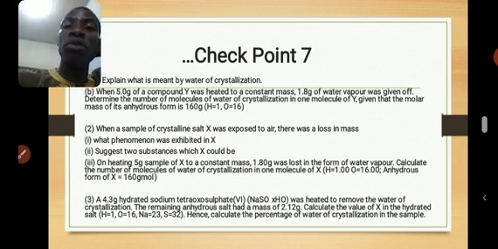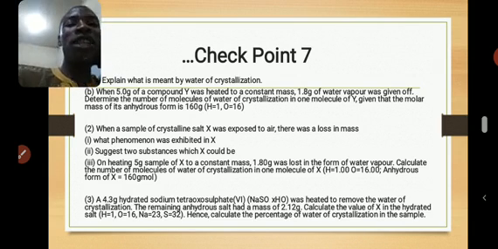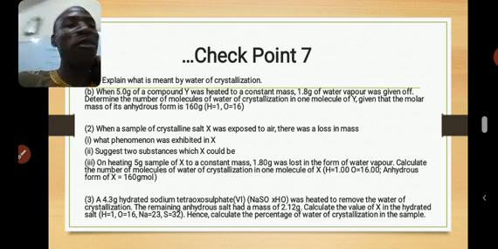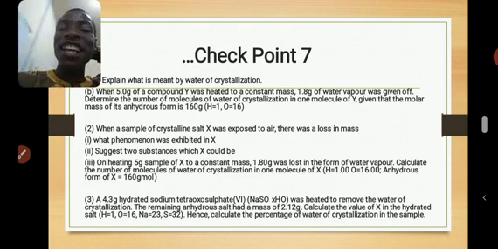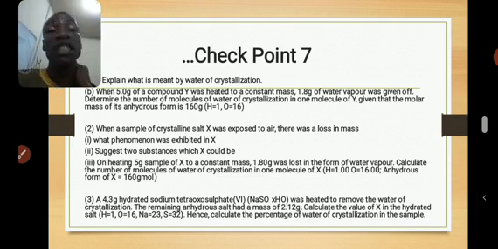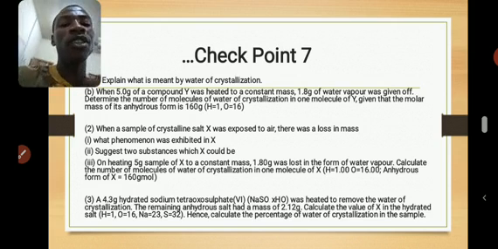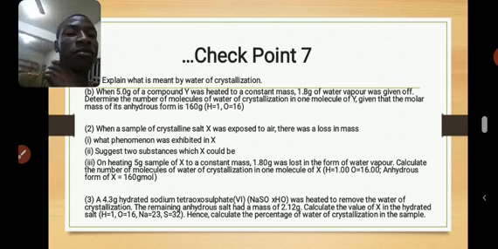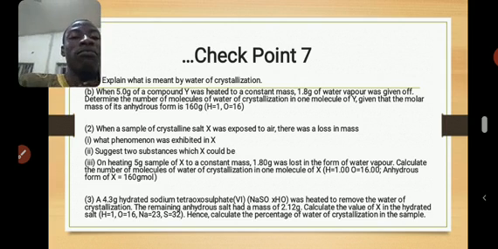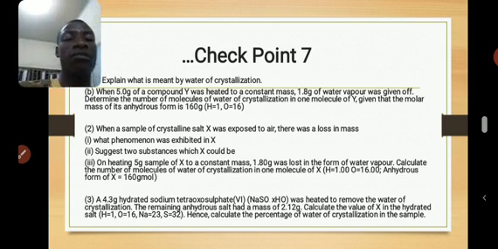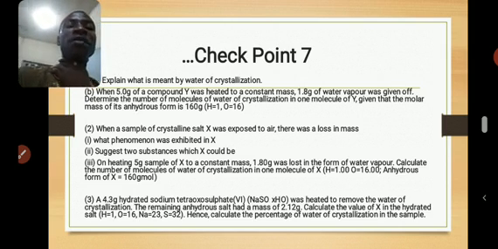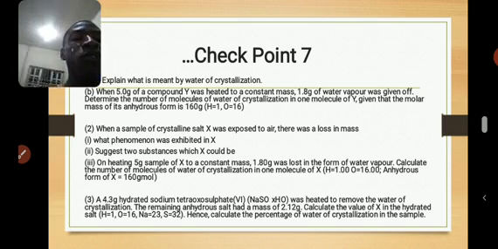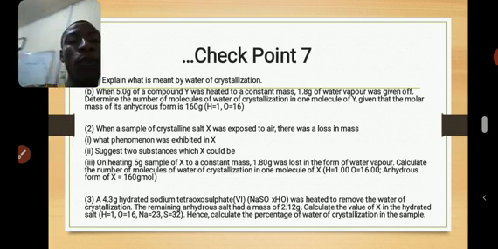So you need to use your brain and sense to determine the mass of water that was driven off. You'll be able to do that. You know what to do. So find the value of X in the hydrated sample.